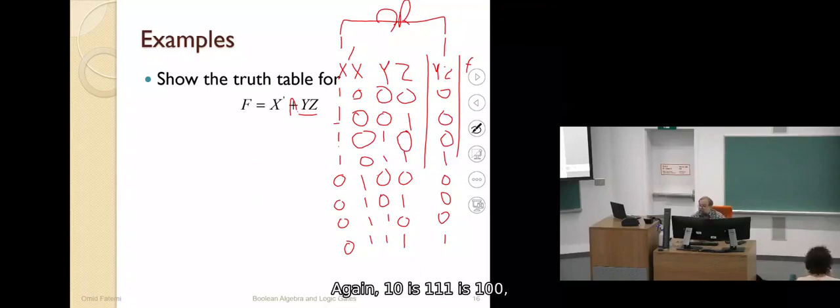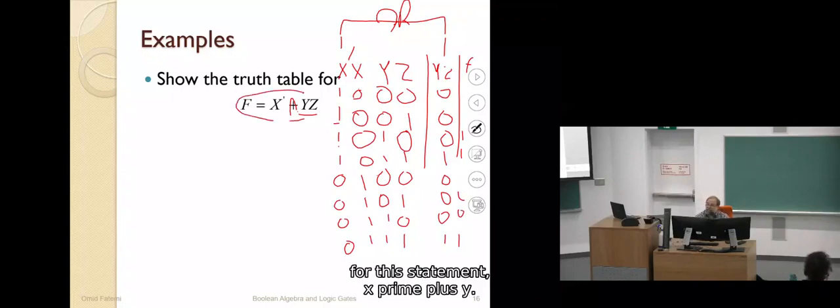Again, 1 OR 0 is 1. 1 OR 1 is 1. 0 OR 0 is 0. 0 OR 0 is 0. 0 OR 0 is 0. 0 OR 1 is 1. So we have five 1s and three 0s for this expression, x prime plus yz. Okay.